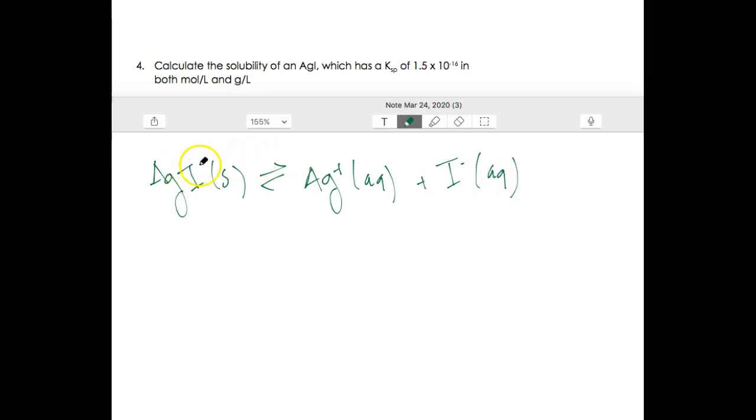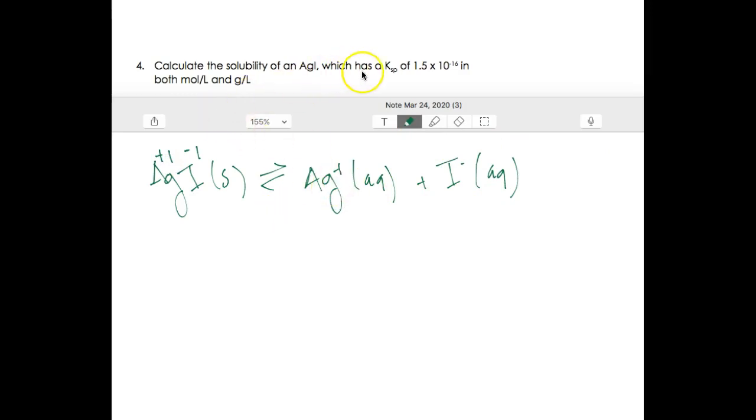Here you have silver iodide. Silver iodide, it's a solid. It's going to dissolve. Right, halogens, -1. And because it's a 1-to-1 ratio here, it's going to be +1.